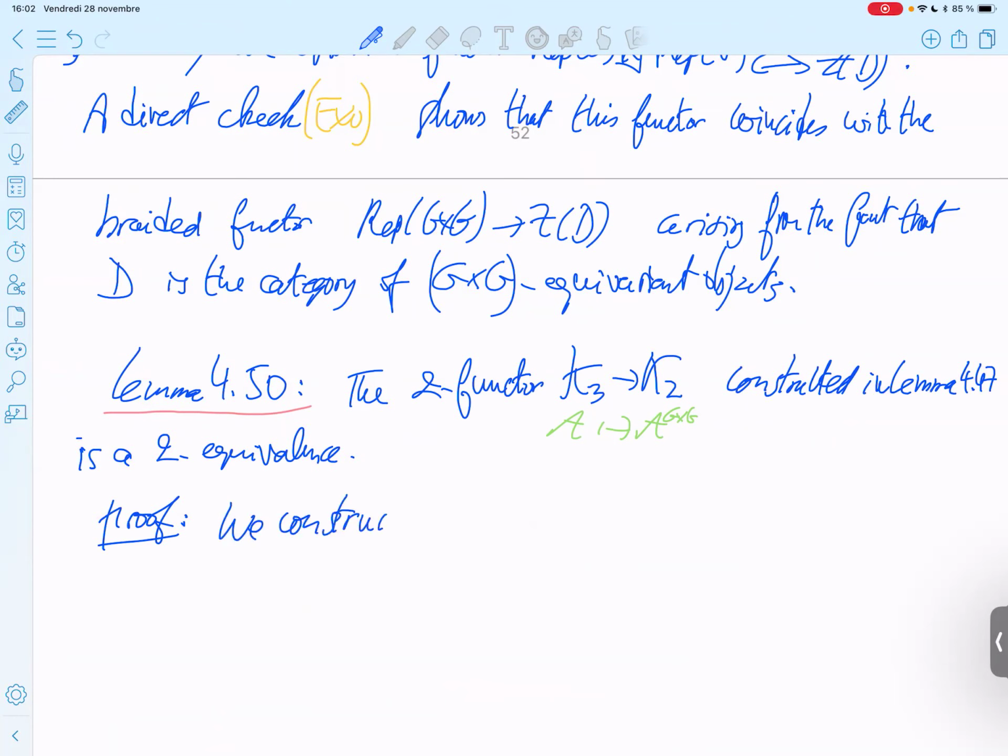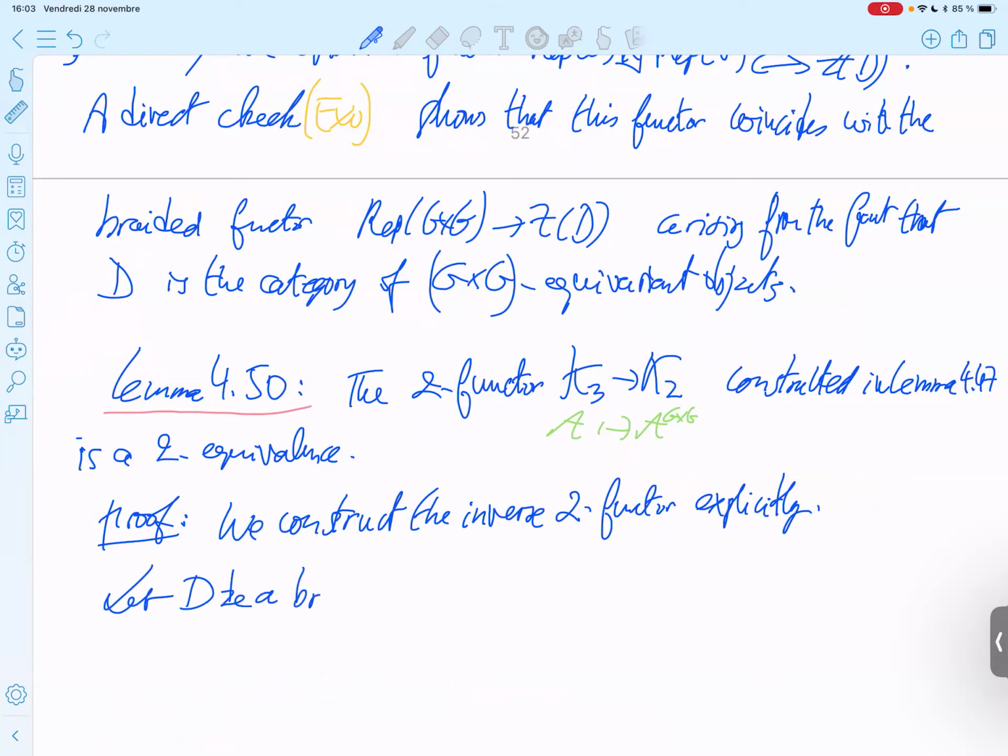We construct the inverse 2-functor explicitly. You start from D, the braided fusion category containing Rep G. Let D be a braided fusion category containing Rep G.